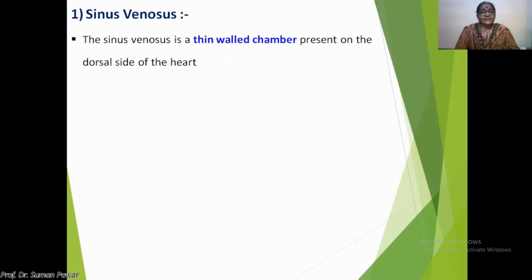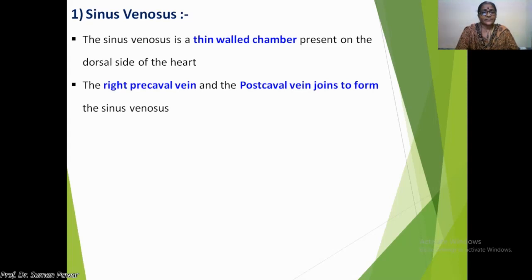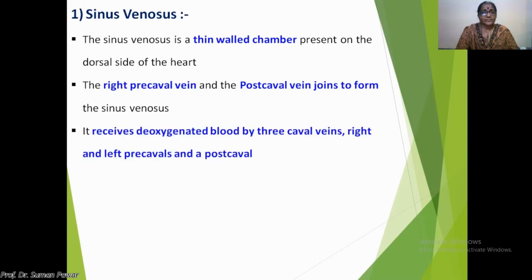The sinus venosus. The sinus venosus is a thin-walled chamber present on the dorsal side of the heart. The right precaval vein and the postcaval vein join to form this triangular structure which we call sinus venosus, which is the main collecting chamber.